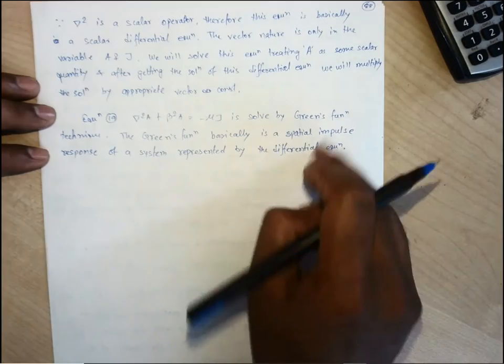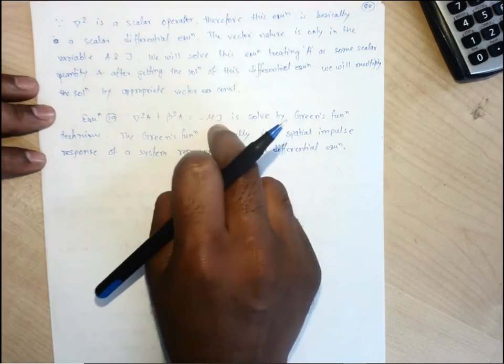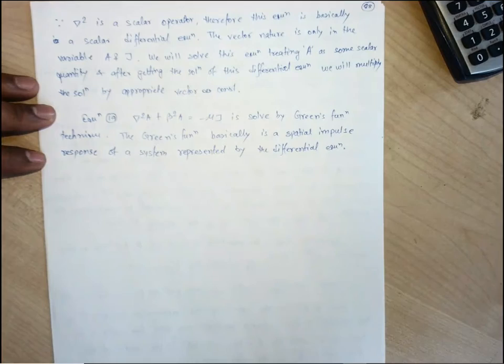So according to this Green's function technique, what we need to do? We need to replace this source. Here our source is J, the current density.